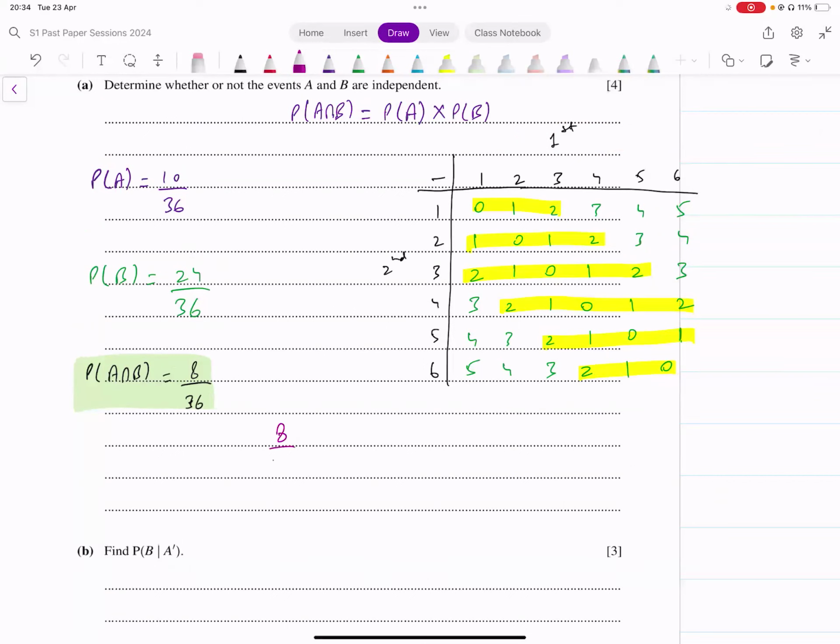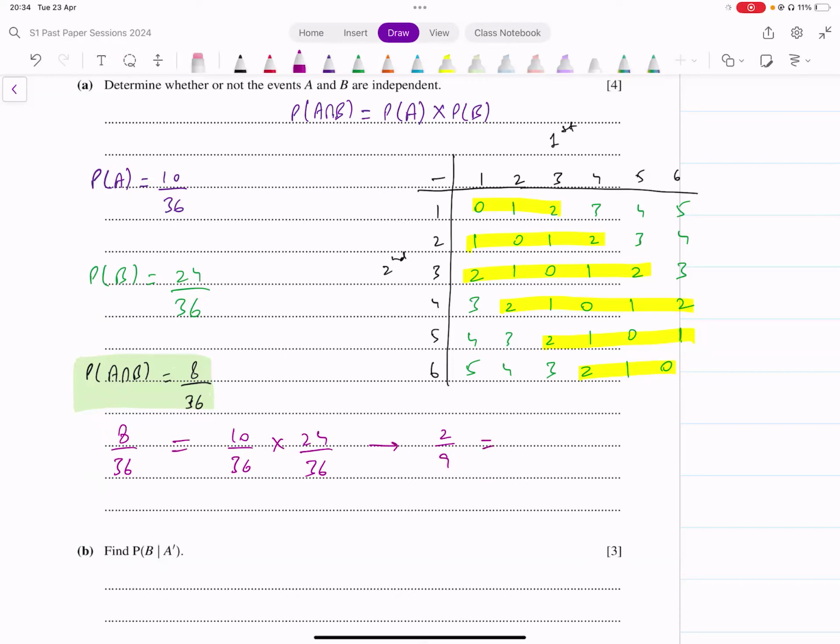Eight over 36. And on the other side, we've got 10 over 36 into 24 over 36. Let's see what they simplify to. 8 over 36. That simplifies to 2 over 9. Let's see if they're equal or not.